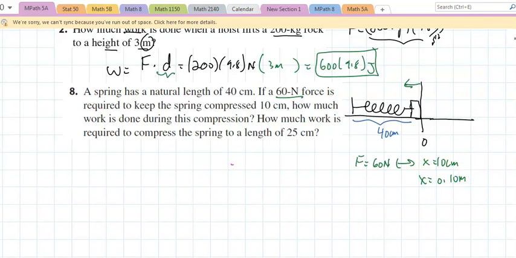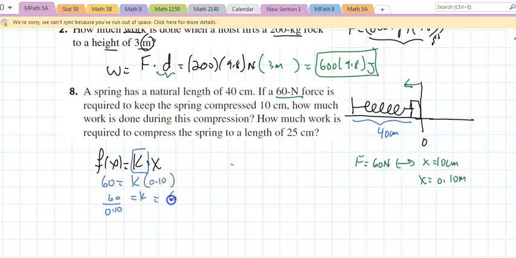Alright, the first thing that I need to do on every problem is take f of x according to Hooke's law and figure out how stiff this system is. Well, they gave me the force. The force is 60. K is what I'm looking for. And the 60 newtons force compressed at 0.10. So K is 60 divided by 0.10.